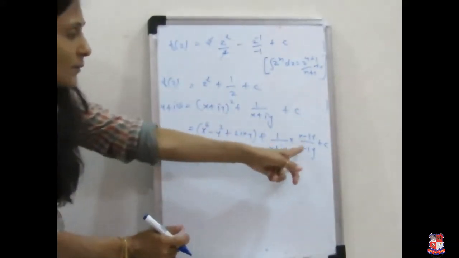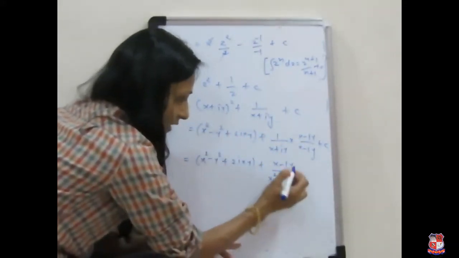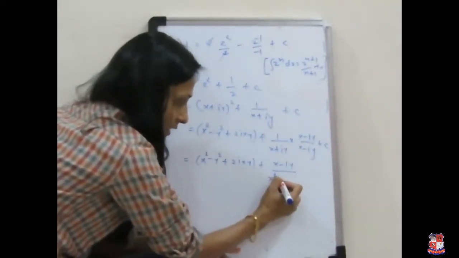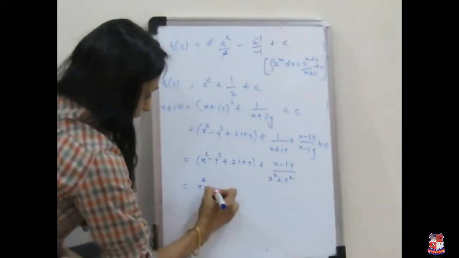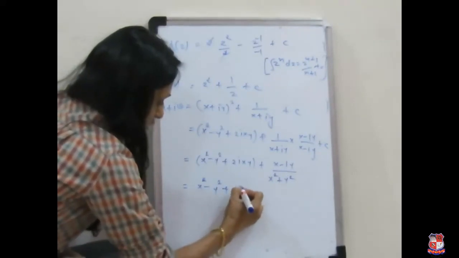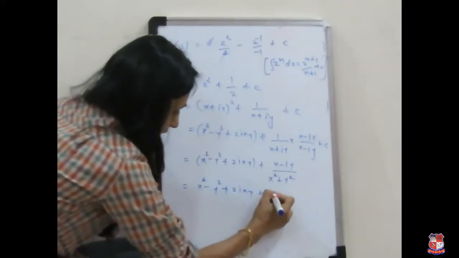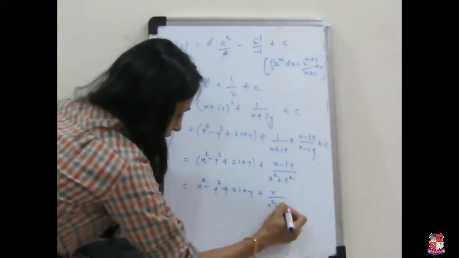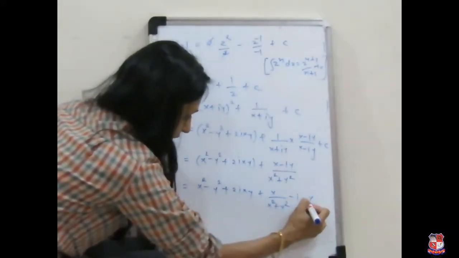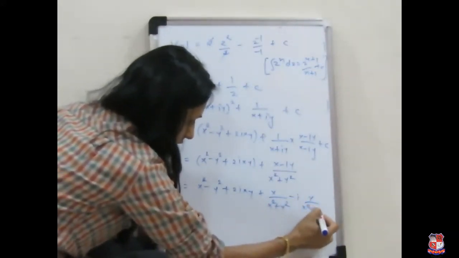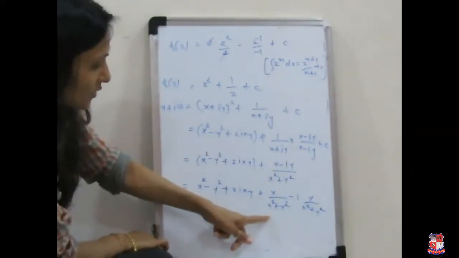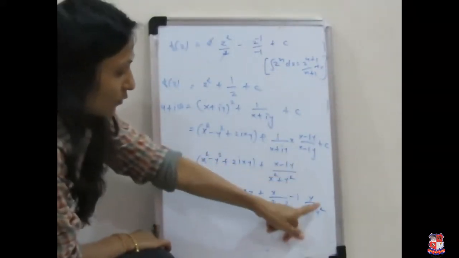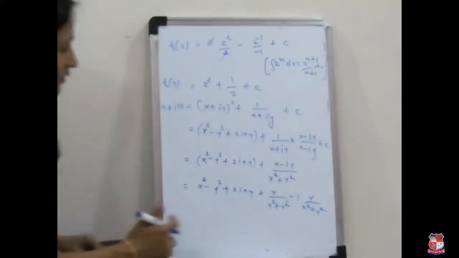We use this a square minus b square, that is x square minus i square y square. i square is minus 1, that is x square plus y square. x square minus y square plus 2ixy plus x over x square plus y square minus i. We can write this form as x over x square plus y square minus iy over x square plus y square.